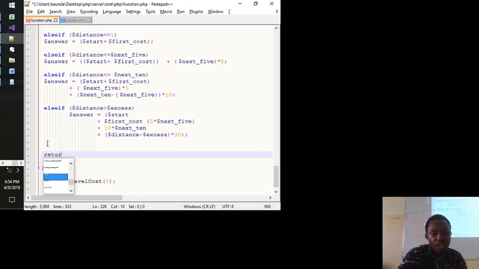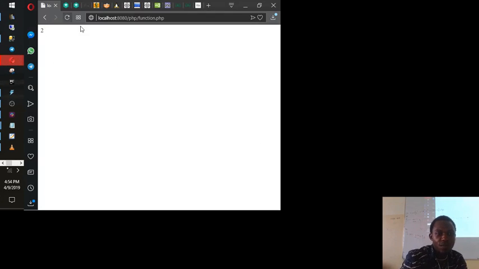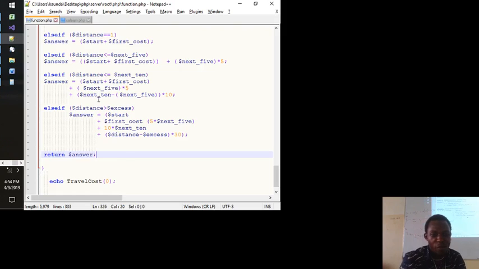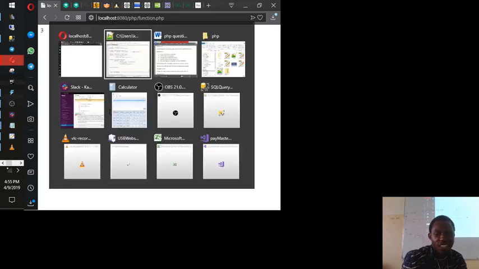So if we come here, then you return answer. Two CDs. This one, if it doesn't work, then there's a problem. So let's see if it's 2 kilometers, right? Or let's do 1. 1 should give us 3 CDs. So 1 is giving us 3 CDs.